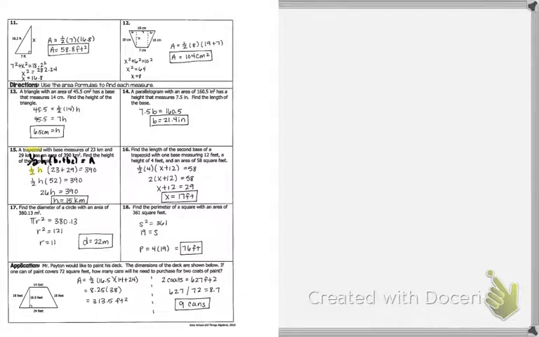They give you the base 23, they give you another base 29, and they give you the area. These two combine into 52. These drop. He comes down. What happens now is these two combine. 1/2 times 52 gives you 26 times the height. Then we all know that this part is division.